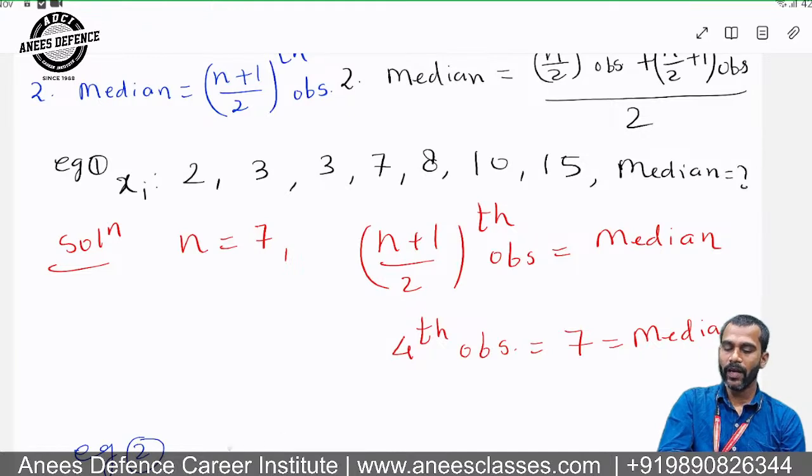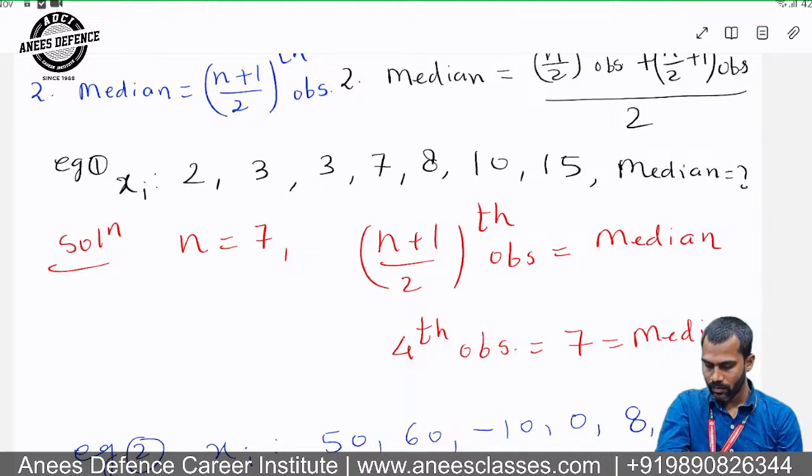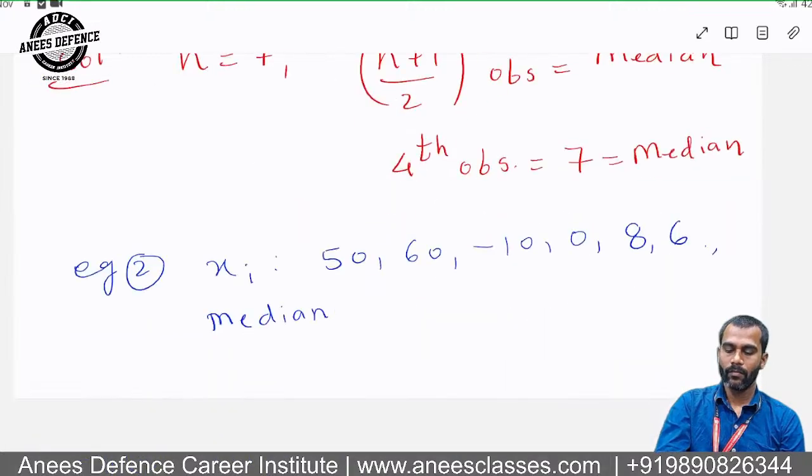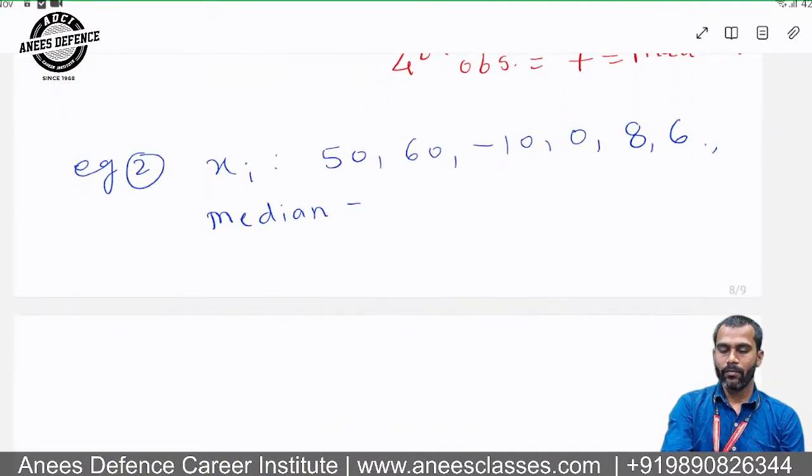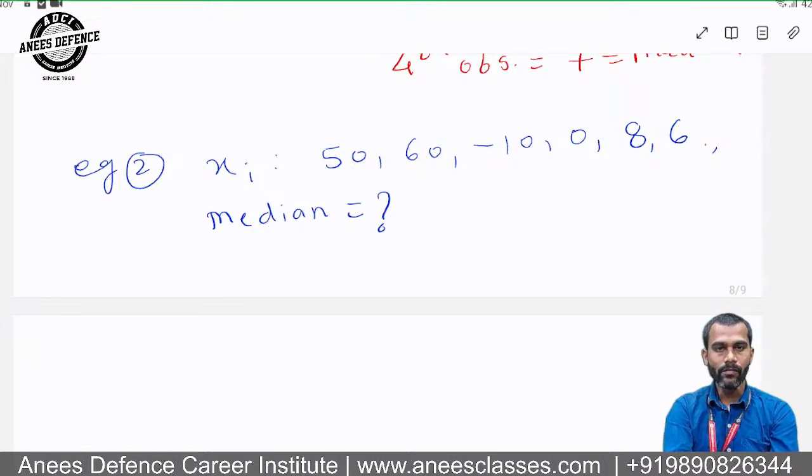Example number 2. Suppose we have xi as 50, 60, minus 10, 0, 8, 6. Now find the median.